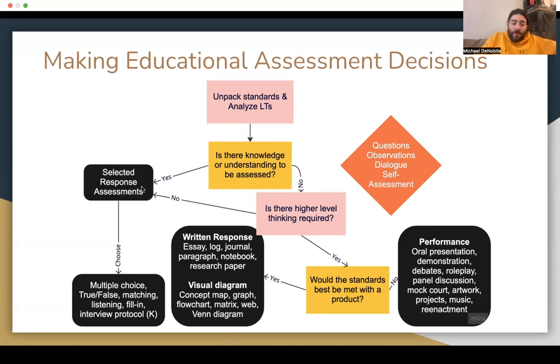So over here, selected response assessments lead us to choosing multiple choice, true false, matching, listing, fill-in, interview protocol, because these forms of assessment allow us to know if the student understood what we were talking about.